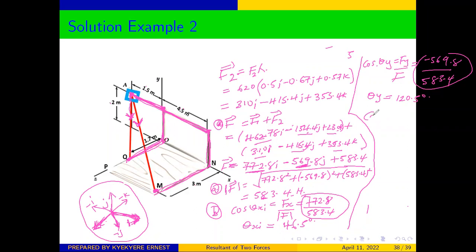We can also do that for our z-axis and say that cos theta z will be equal to F of z over F. And F of z is our force here, 583.4, over the magnitude of our resultant force.